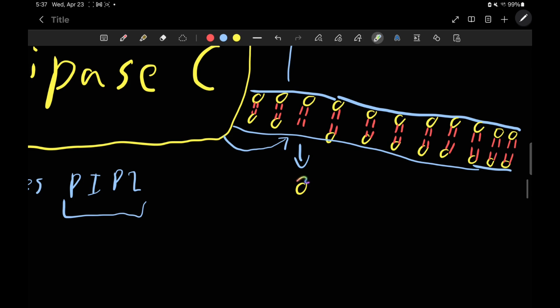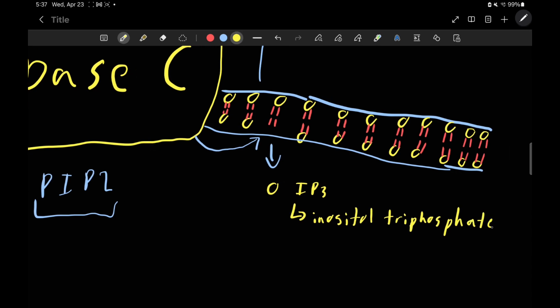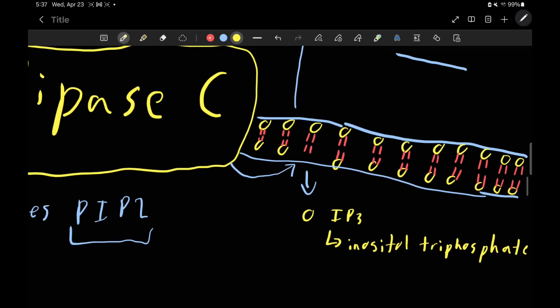So this component, which is polar and goes into your cytoplasm, is known as IP3, or inositol triphosphate. And your nonpolar component, which remains in your cell membrane over here, is known as DAG, or diacylglycerol.